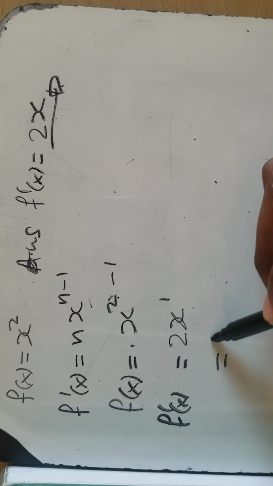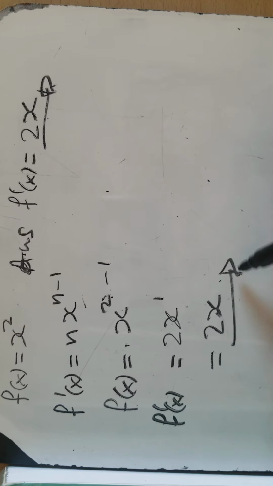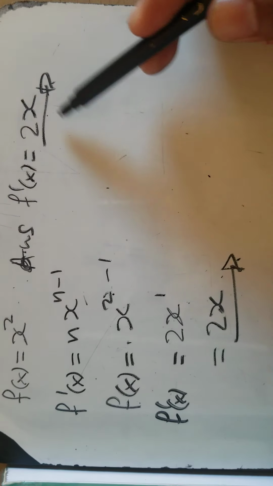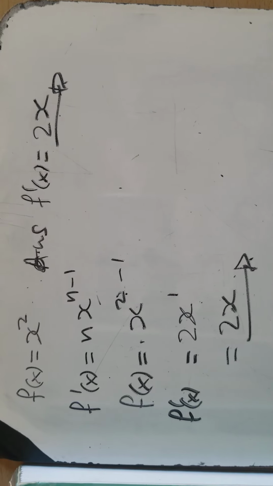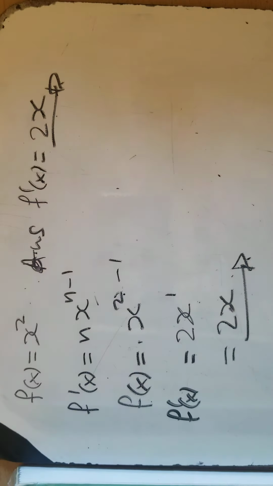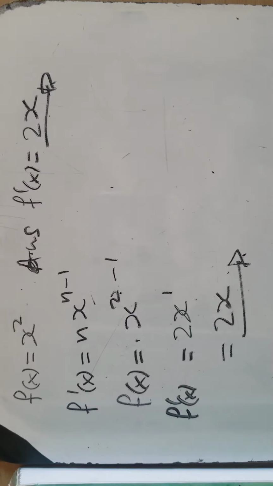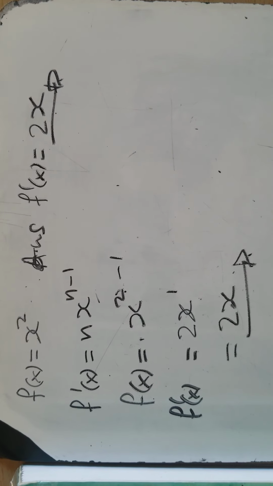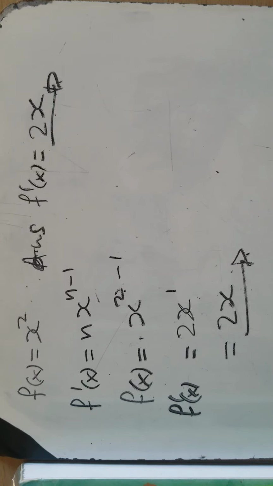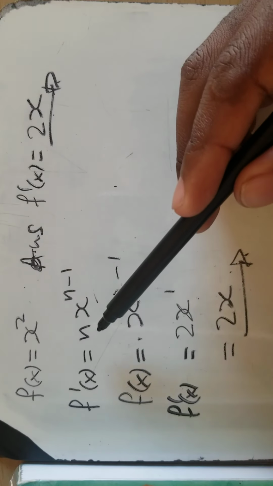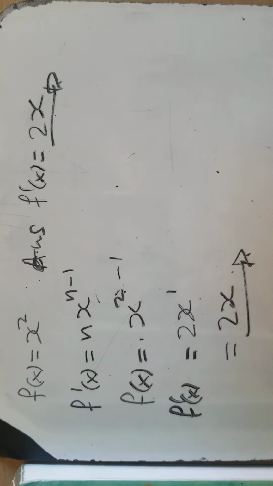So this is 2x. The answer is the same. So if you're not told to derive using first principles, it's okay to derive using the general formula of deriving, which is n x to the n minus 1.